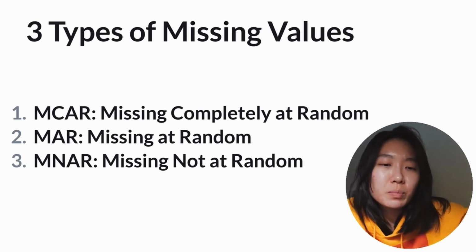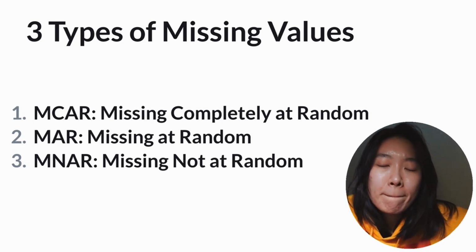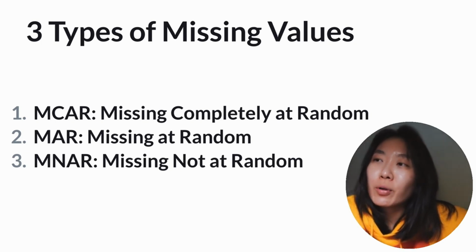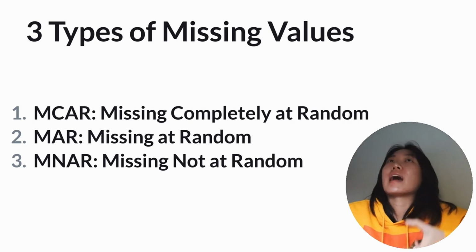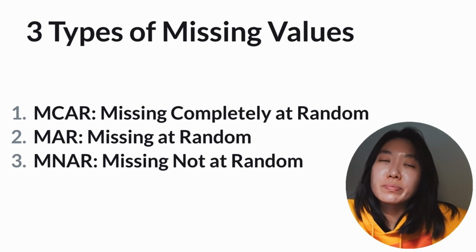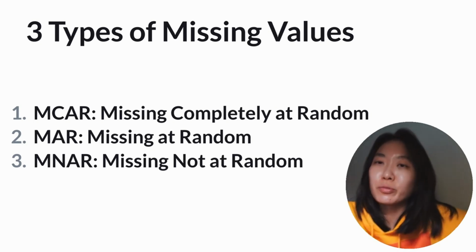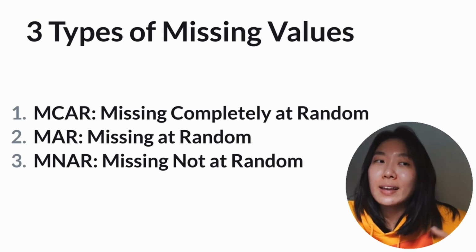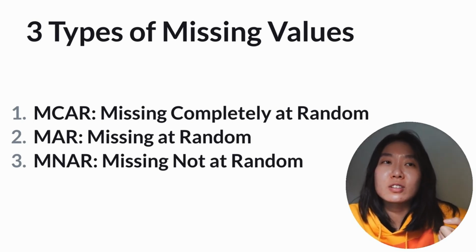So, for example, the data is missing, but it's completely random. For example, you are carrying a bunch of surveys, like 100,000 surveys that you just did for your school to analyze the satisfaction of students.